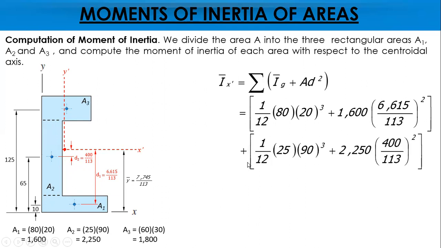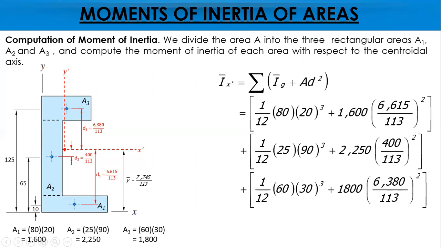And that's it: element centroidal, area, and then D squared. And for element 3, this is our D3, the distance between this centroidal axis and the centroidal axis of the whole area. This one is equal to 125 minus y bar. So you just add these. The result is this.